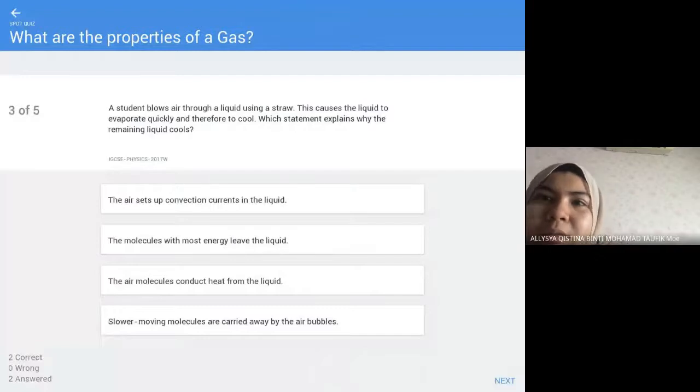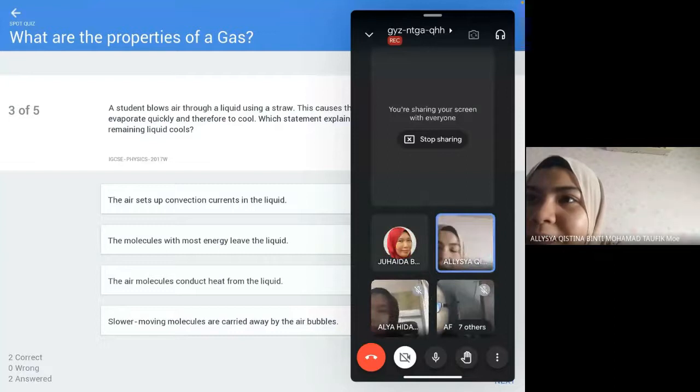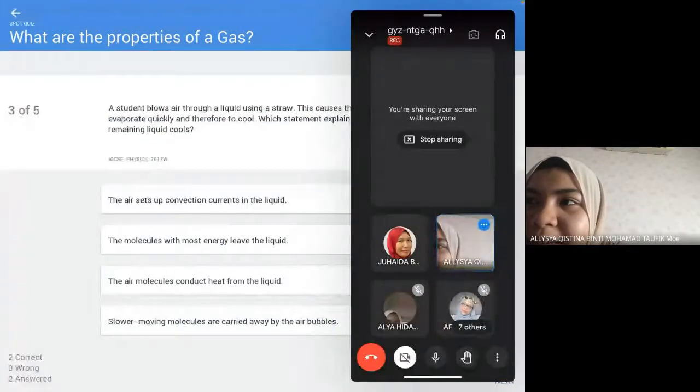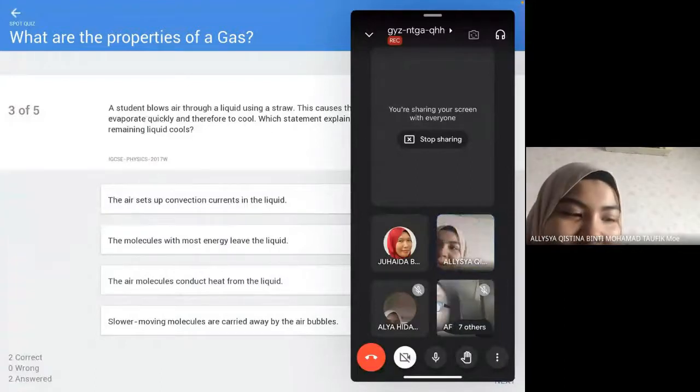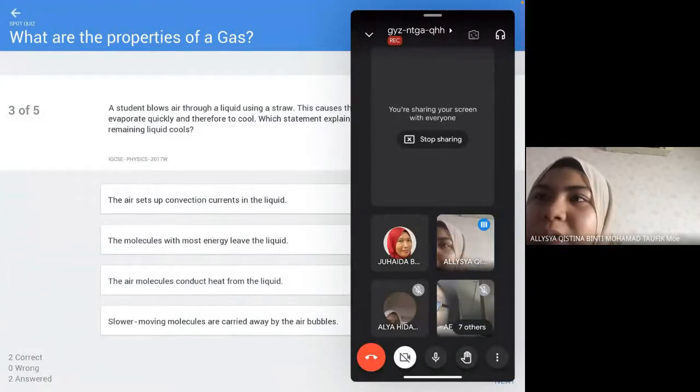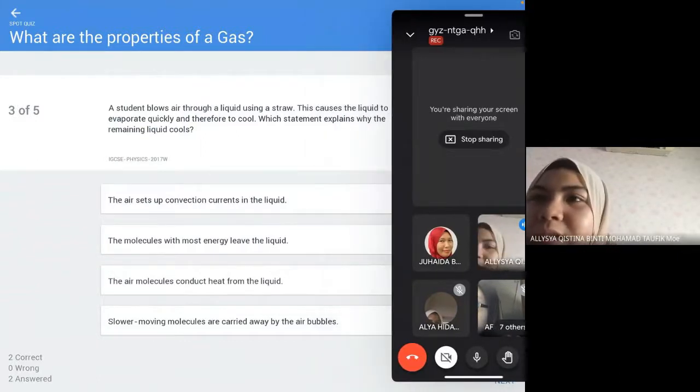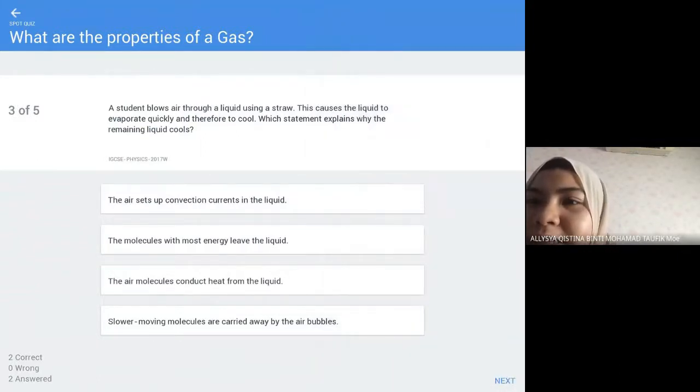Based on the relationship, the kinetic energy will increase if the temperature increases. So if the temperature decreases, the kinetic energy also decreases. Okay, let's check the answer. The molecules with most energy leave the liquid, right? Yes, the second one. You got it correct.